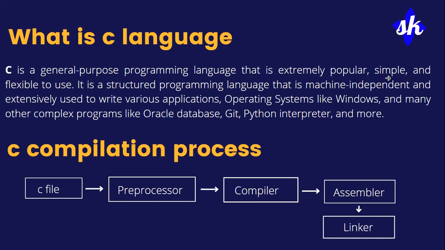Once the assembler is done, the next step, which is the last one, is passing it to the linker. Now what's the job of the linker? In your C file, you are probably using some predefined functions that came from libraries, probably the input and output library, the standard library, the unistd library, or the ctype.h library.